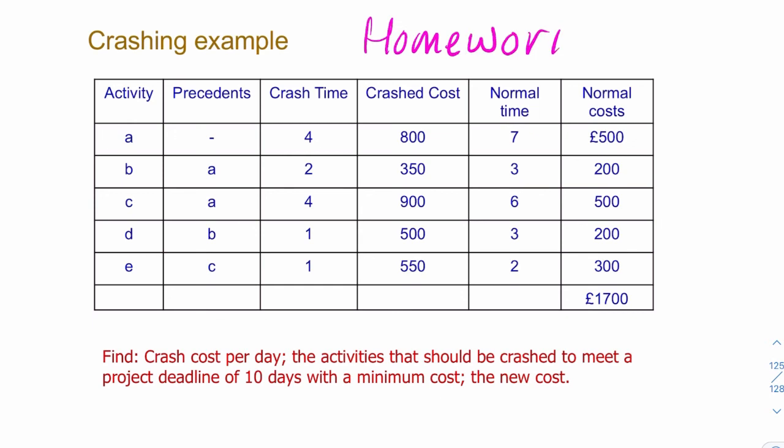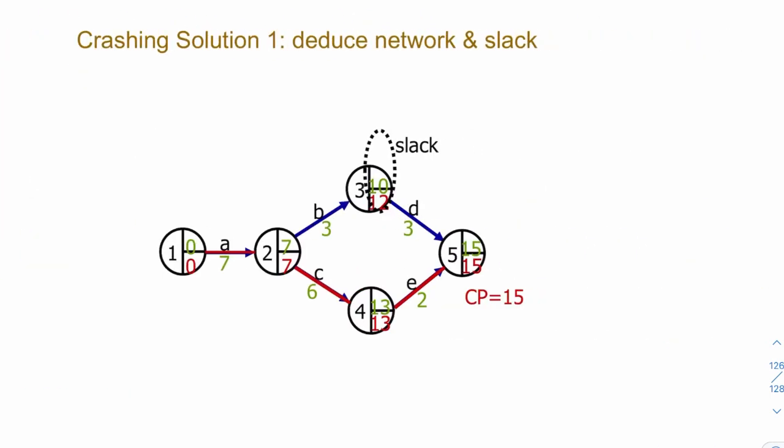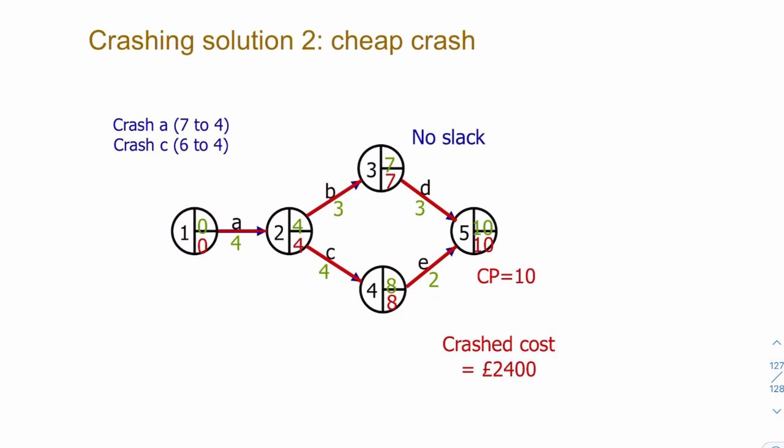I can go through these and I can upload the solutions for you, or how I got there, but really it's fairly easy. So here you have your activities, your precedents, crash time, crash cost, and you need to find the cost per day or the crash cost per day using these numbers. And again, here are the solutions.